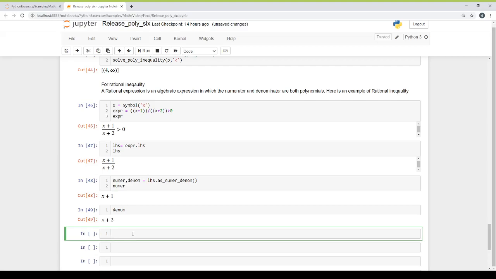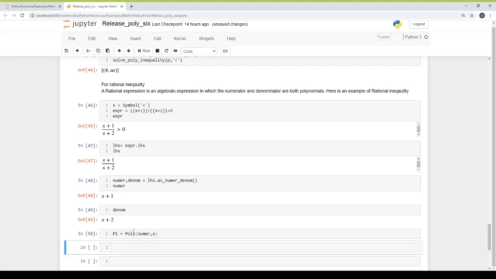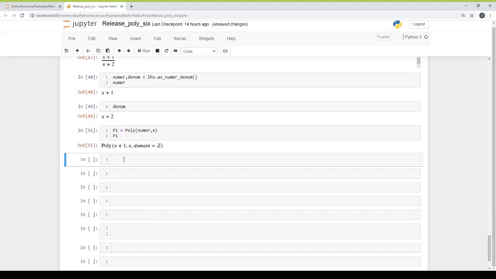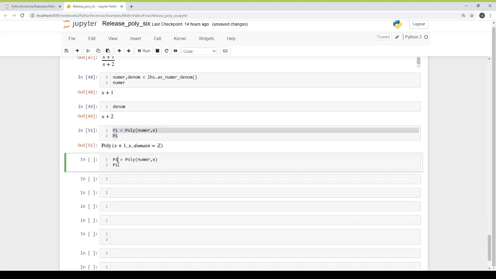Now we convert this numerator and denominator into two polynomials: p1 is Poly of numerator comma x, and the second polynomial p2 is Poly of denominator comma x.